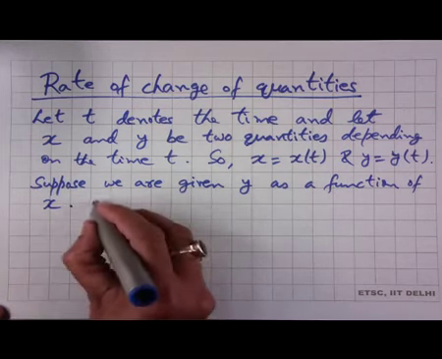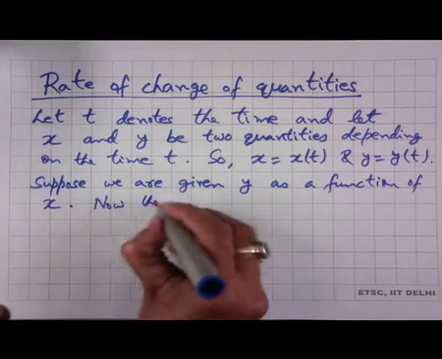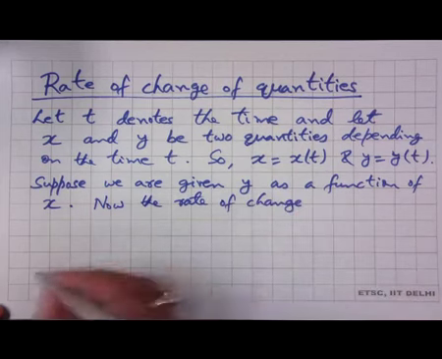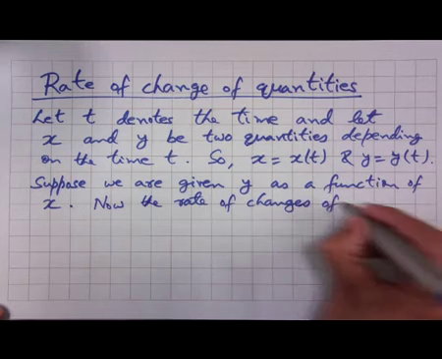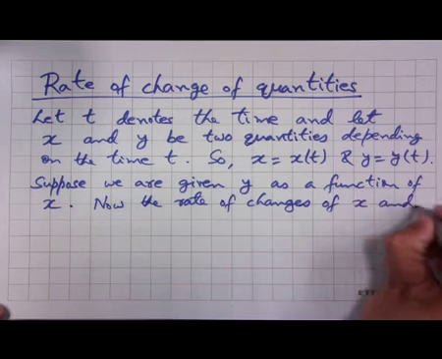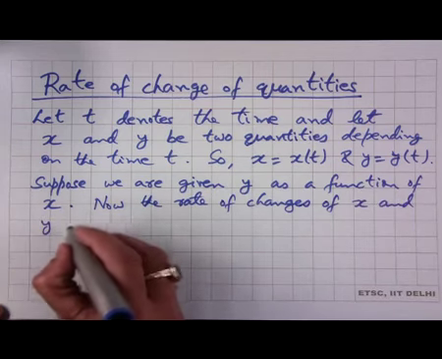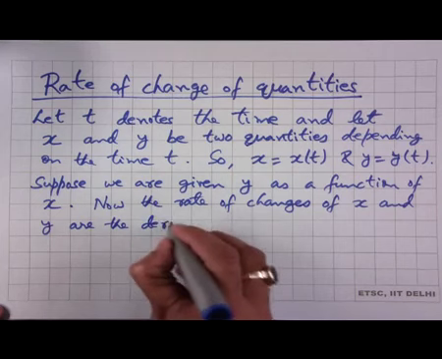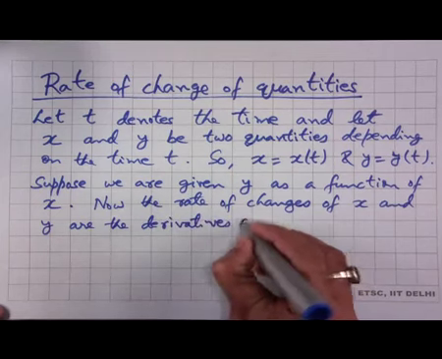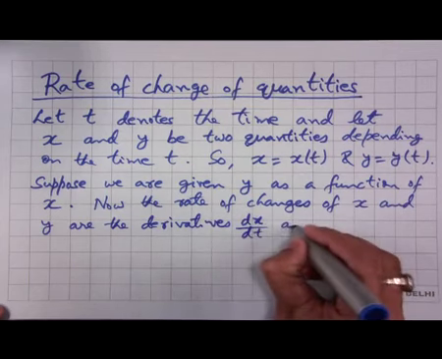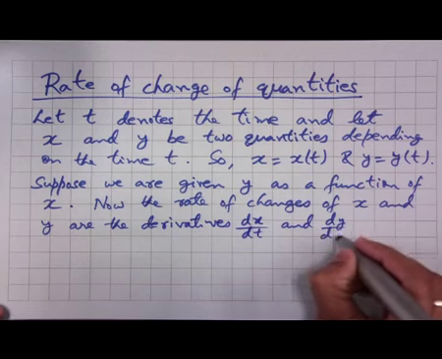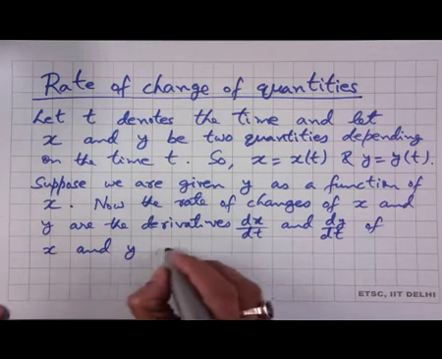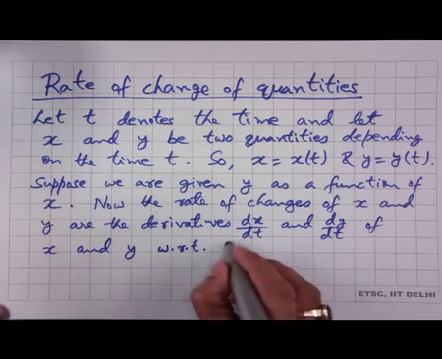Now, the rates of change of x and y are the derivatives dx dt and dy dt of x and y with respect to time t.